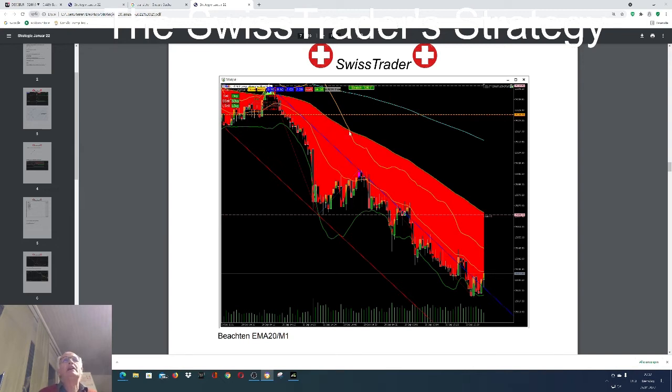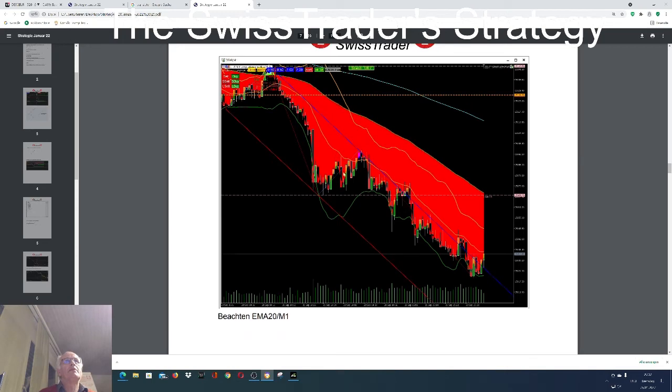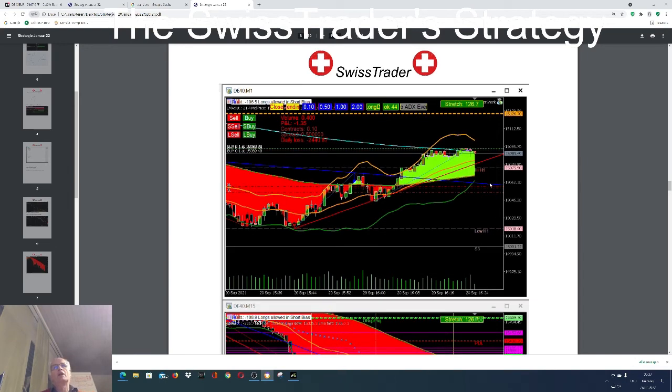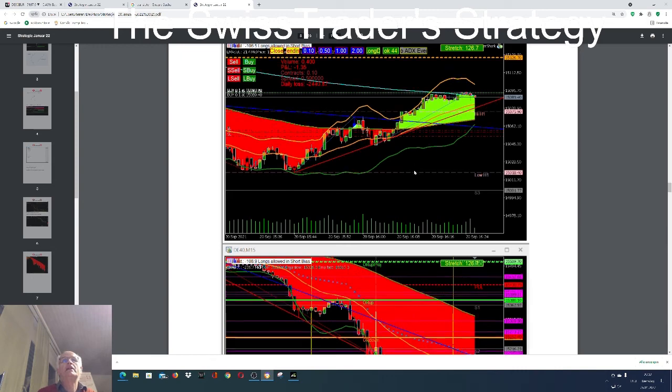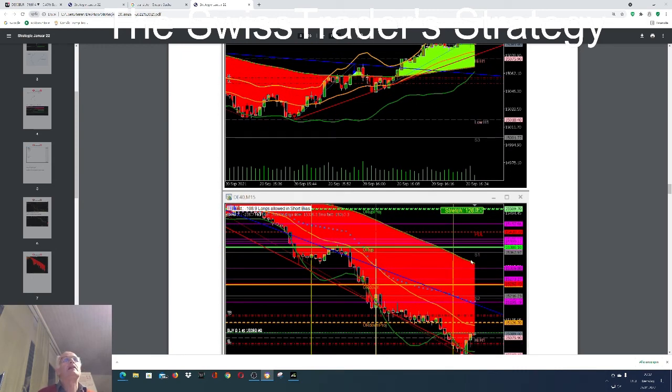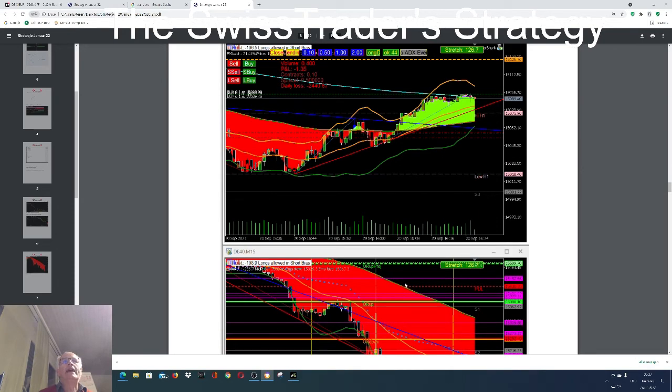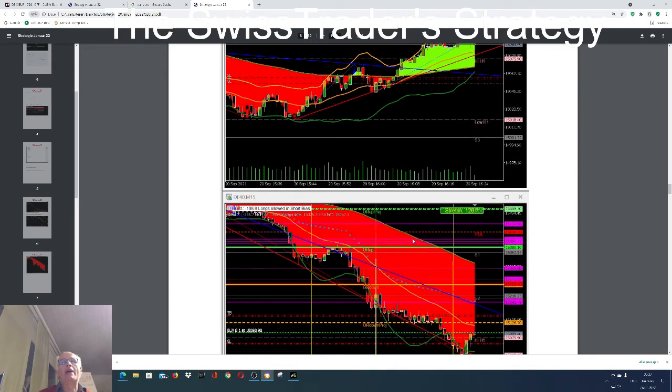I have here the EMA 89, and here a very small EMA, I think it's the 8, and you can just visualize if you are here, for example, in the long term you are very short, but in the short term you are in an uptrend. It's here the 89 EMA, and here is the 89 EMA in M15.